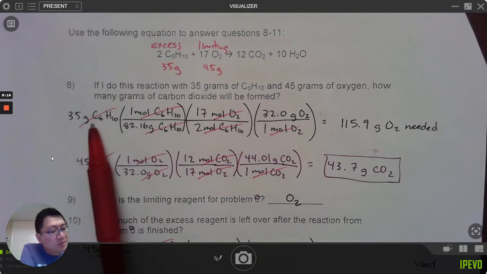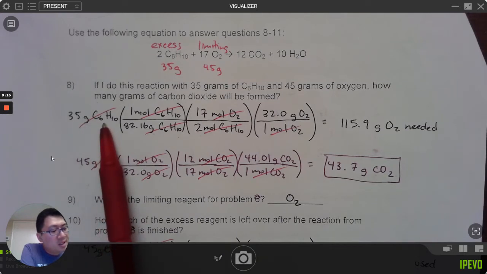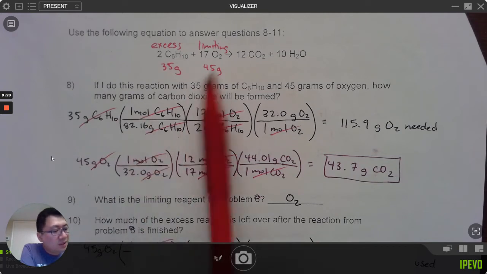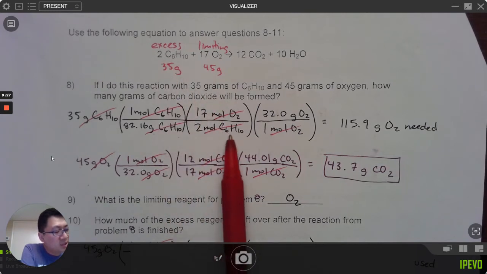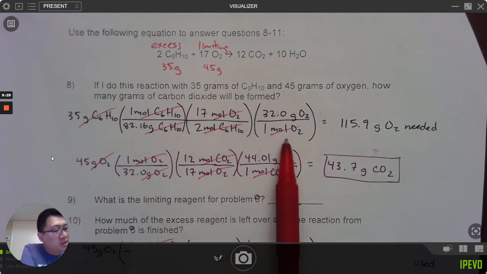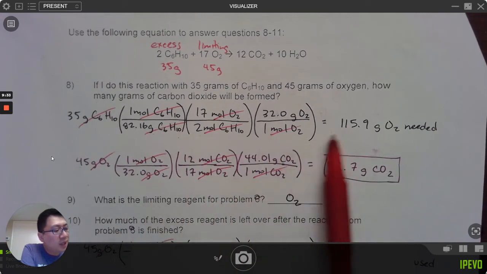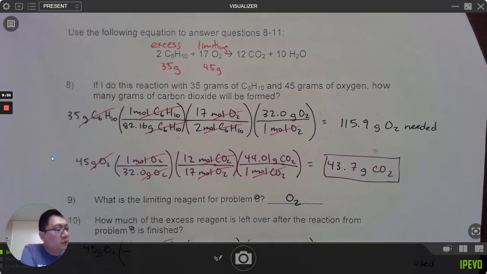Start with 35 grams of C6H6, change it to moles by dividing by molar mass from the periodic table. Then I know it's a 17:2 ratio, 17 moles of oxygen, 2 moles of C6H6, and then multiply by the molar mass of oxygen, O2. 2 times oxygen is 32 on the periodic table, and I got 115.9, almost 116.